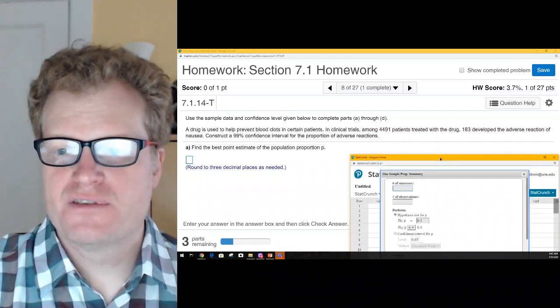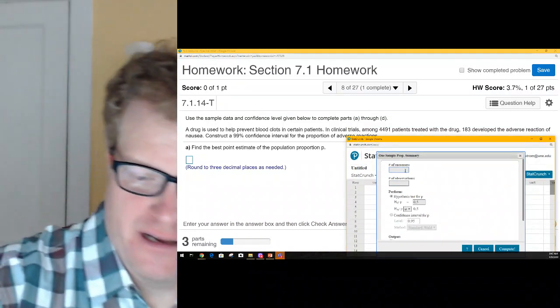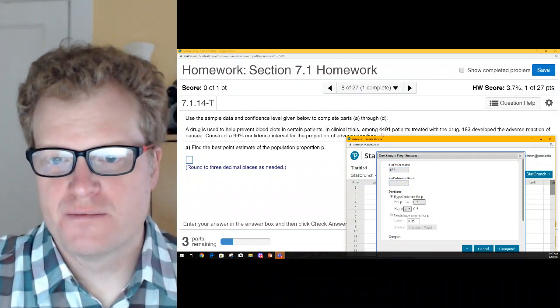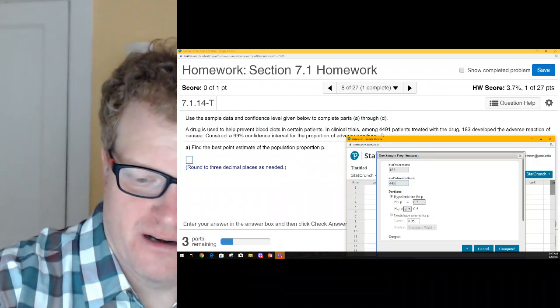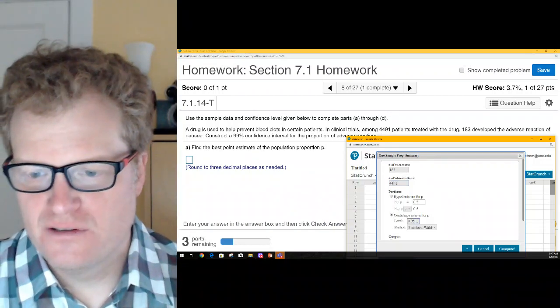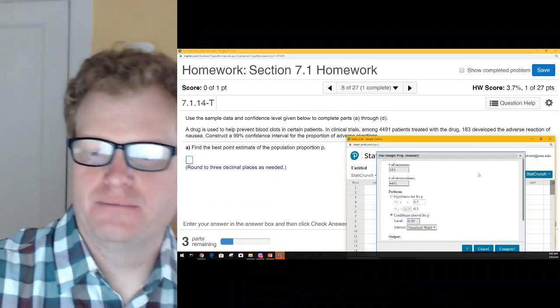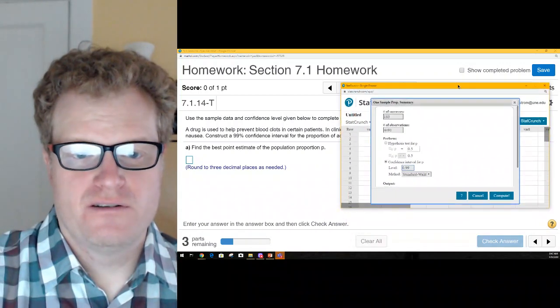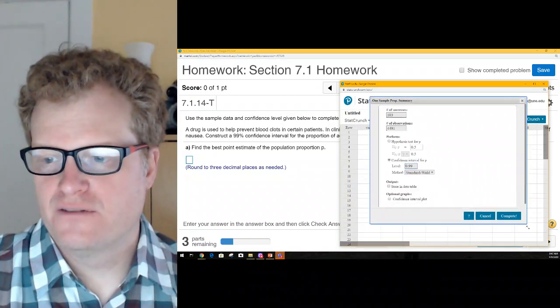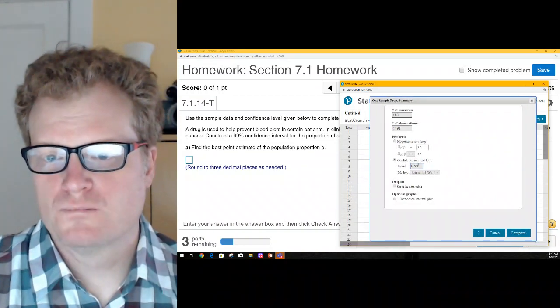Our number of successes was the 183 that developed nausea, and our number of observations was 4,491. We want to construct a confidence interval of 99%. That's all you have to fill out to create this confidence interval using StatCrunch.